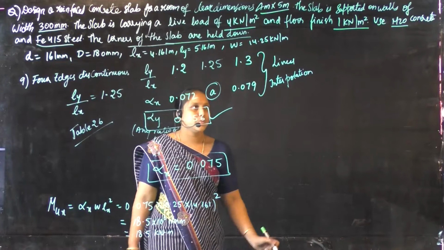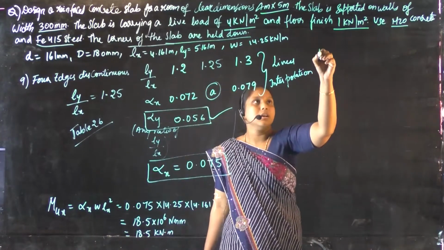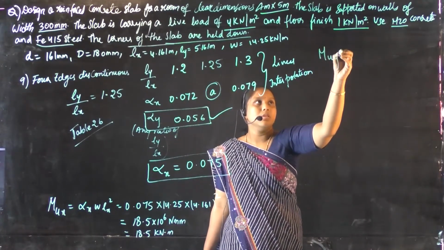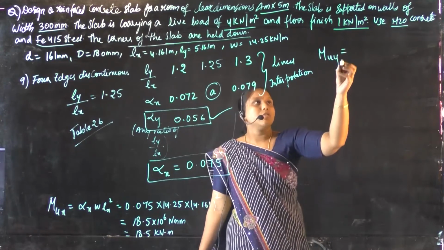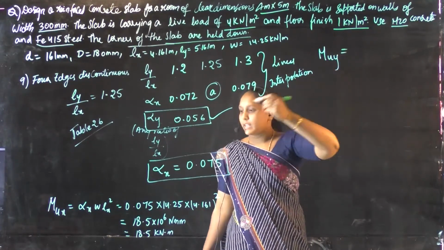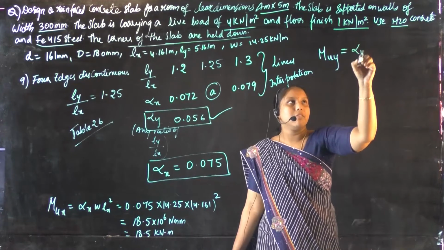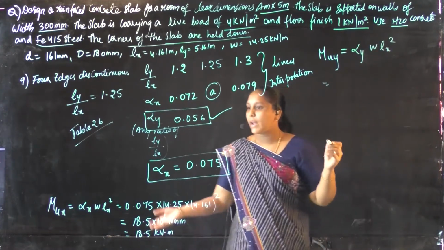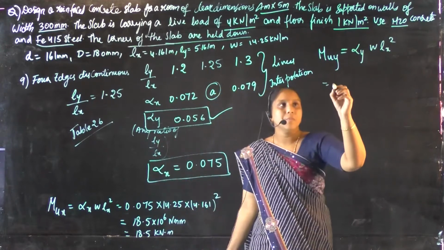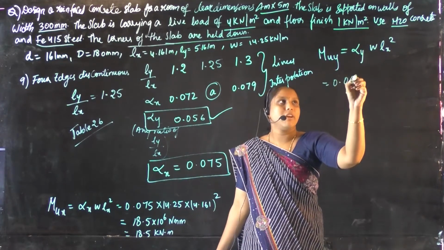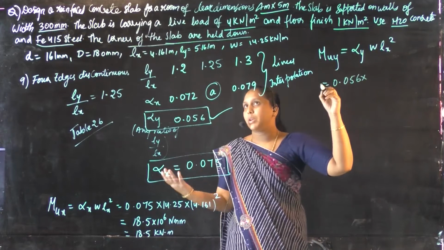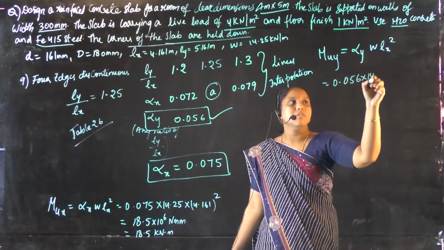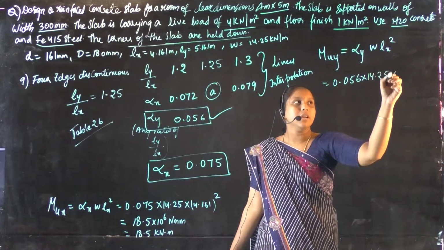So next, we have to calculate the mu y. How we will calculate the mu y? The equation is alpha y into w into Lx square. So how much is the alpha y value we got here? Alpha y is 0.056 into w. So what is the w? It is 14.25 into Lx.